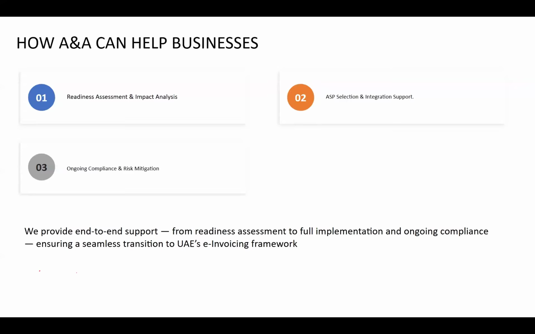We will be with you during the whole integration process, and with ongoing compliance and risk mitigation also. So we are here to assist all businesses in the UAE to seamlessly implement this evolving e-invoicing in the UAE. So with this, we are done with all the explanations as of now.